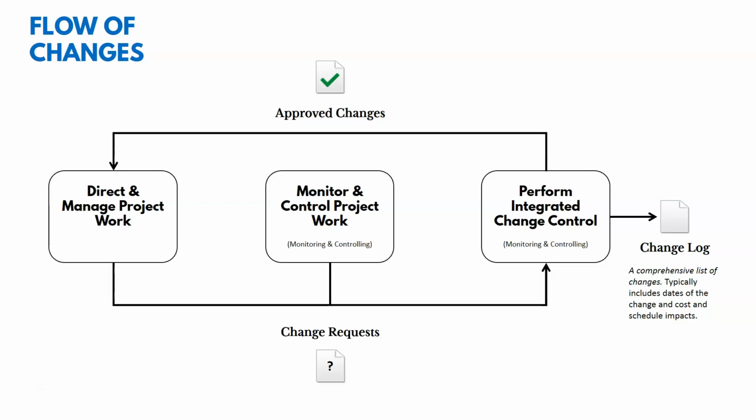And then what's going to happen is it becomes an input later to the process on the right, perform integrated change control. That's where we're going to be reviewing and approving changes. And then if those changes get approved there, they're going to come back up, and you're going to see those up at the top. Approved changes are going to come back and be an input to directing and managing the project work, the current process we're talking about, because we incorporate them into what we're doing.